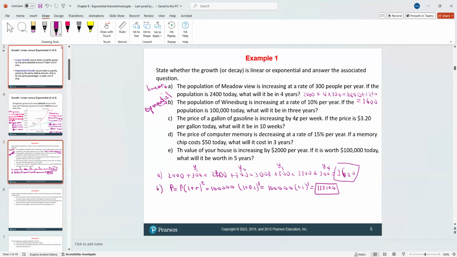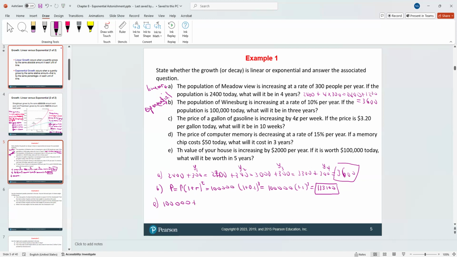of your house is increasing by $2,000 per year. If it's worth $100,000 today, what would it be worth in 5 years? Again, that's something very important. If you take E, remember, today it's worth $100,000. Now, it increases by $2,000 per year.